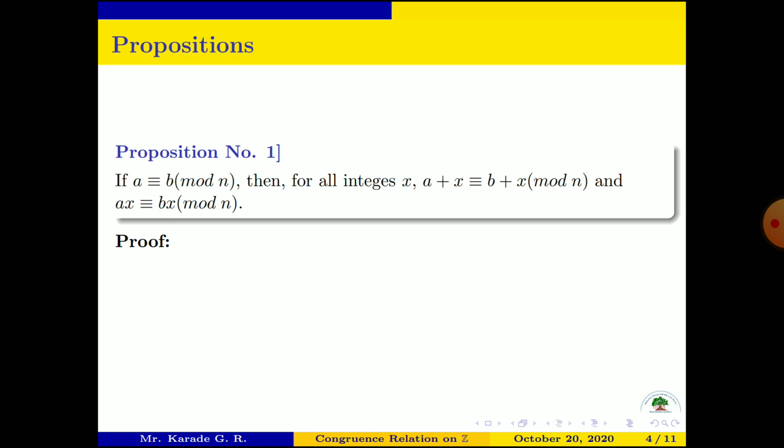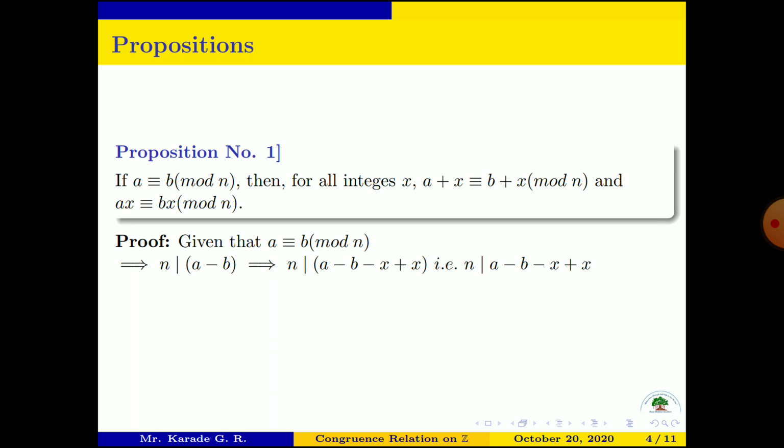So let us write the proof of this proposition. Given that a is congruent to b mod n, this will imply that n divides the difference a minus b, by definition of congruence relation. Now here in a minus b we subtract x and add x, so there will be no change.